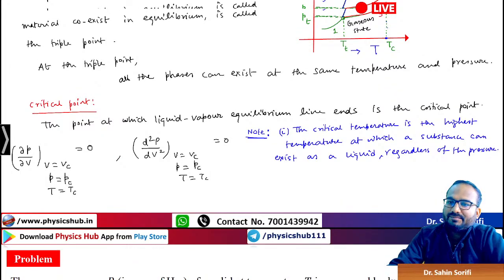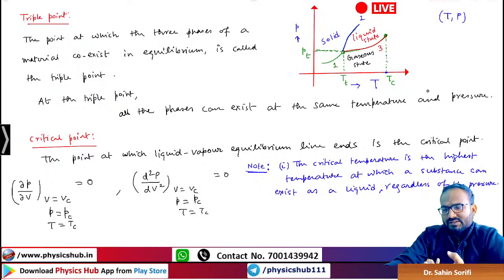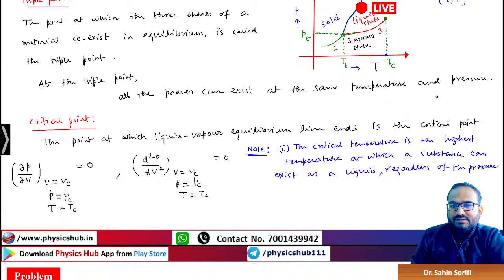You know, if you apply pressure, it turns into liquid, right? So the critical temperature is the highest temperature. If you maintain that temperature, whatever pressure you apply, you cannot make it gas. It will remain as liquid.